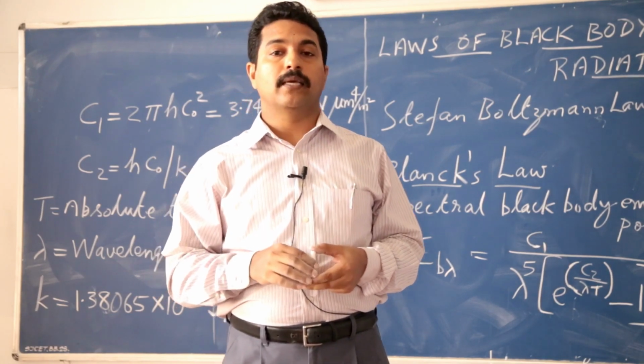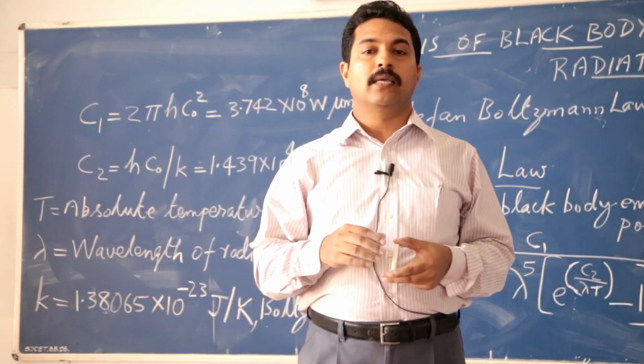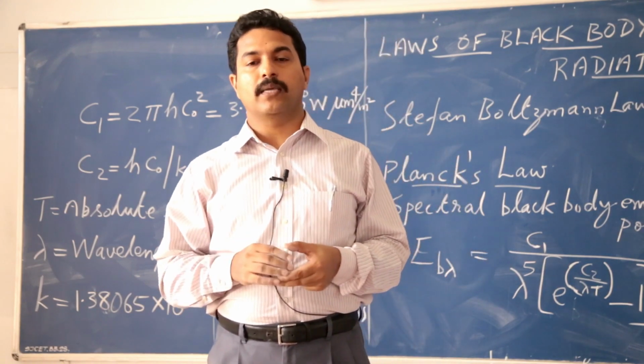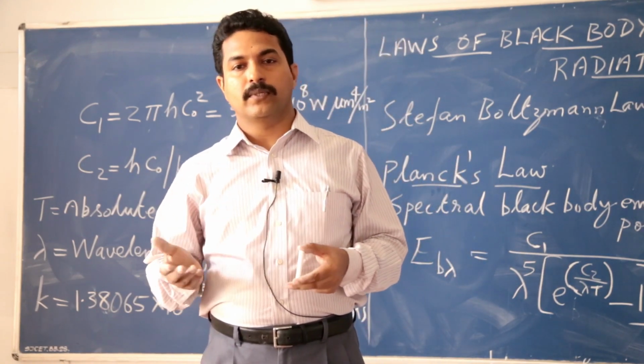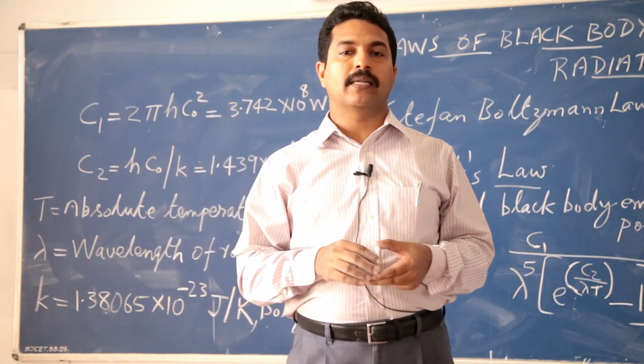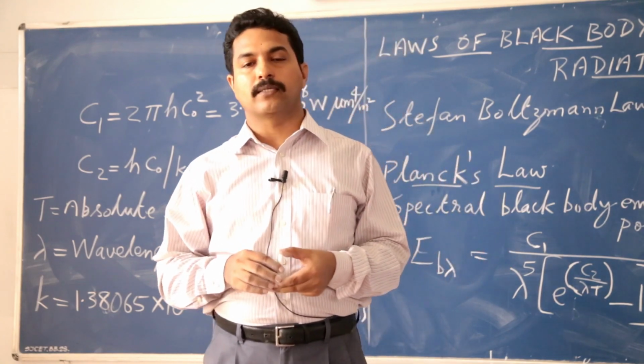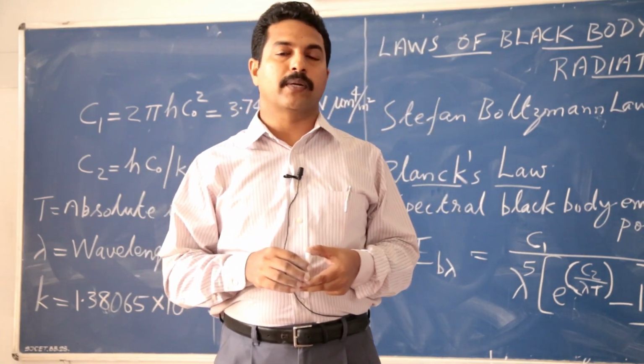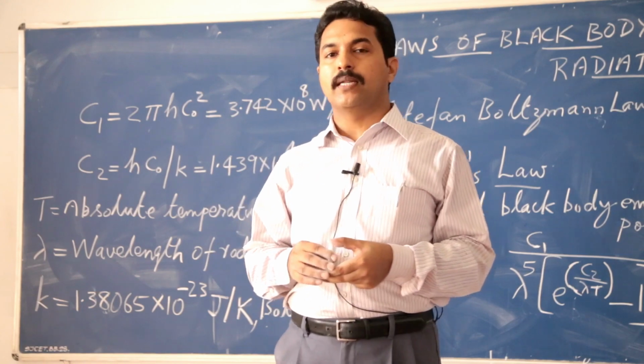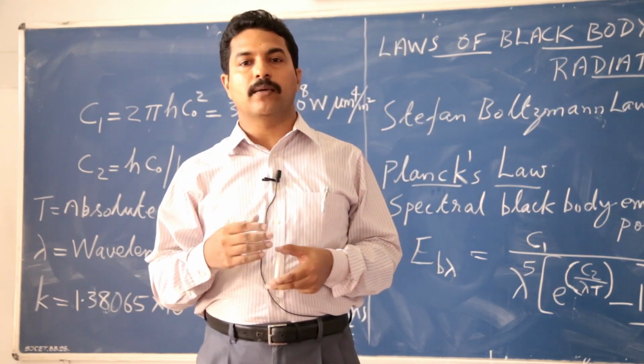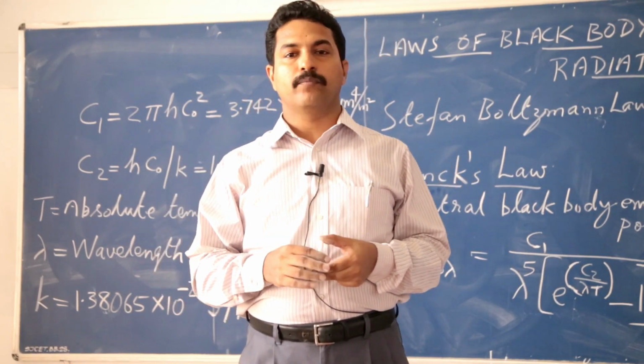In similar terms, we learned the spectral hemispherical emissive power of a surface and also the spectral hemispherical emissive power of a black surface. When we divide the spectral emissive power of a surface by the spectral emissive power of a black surface, we get the spectral emissivity.